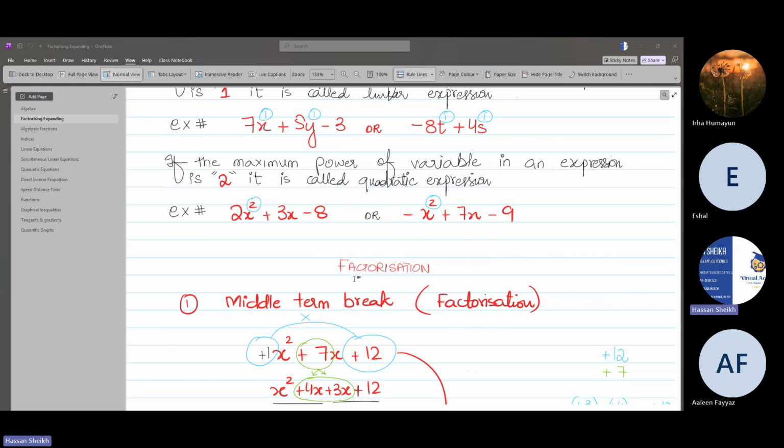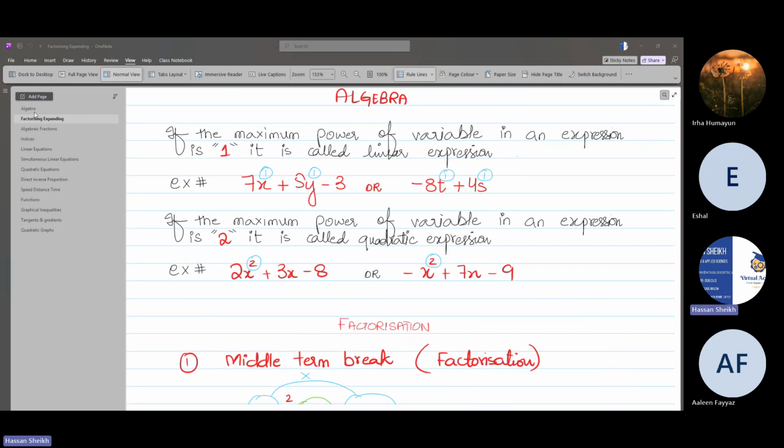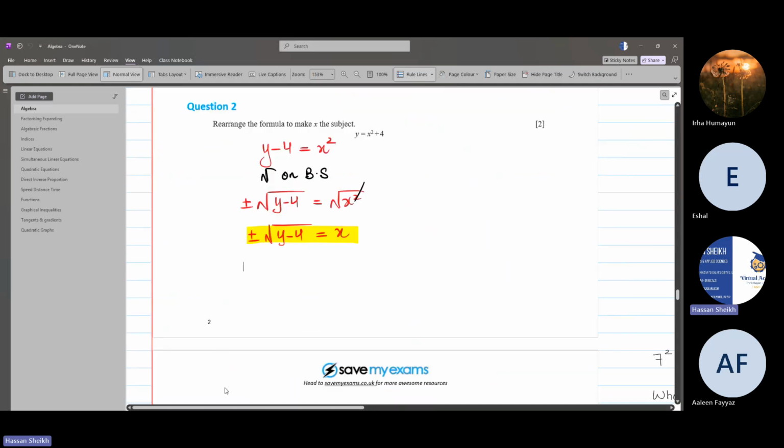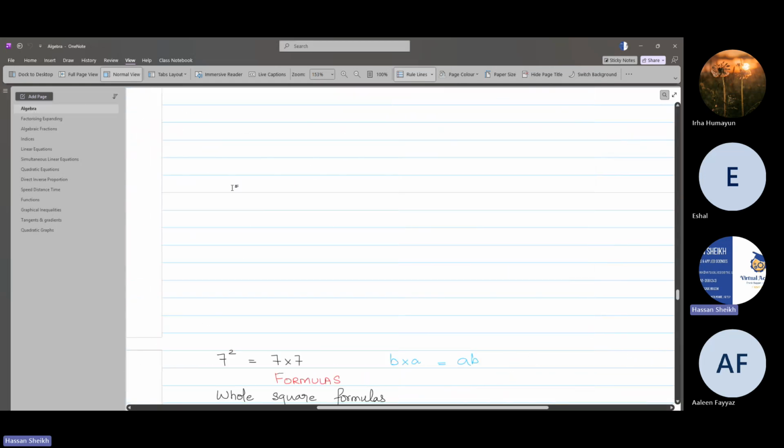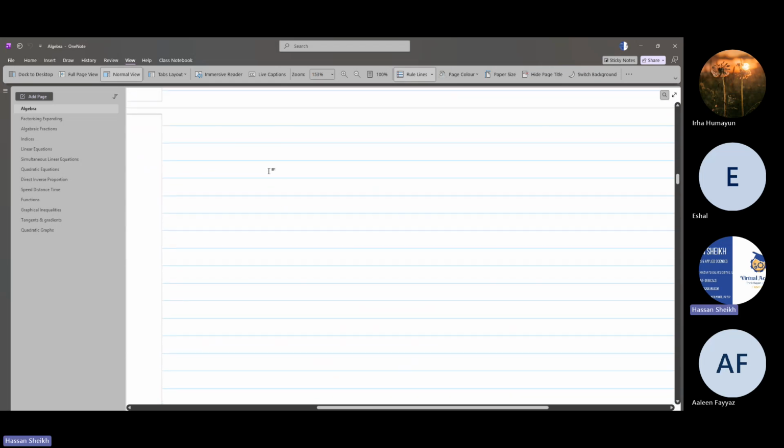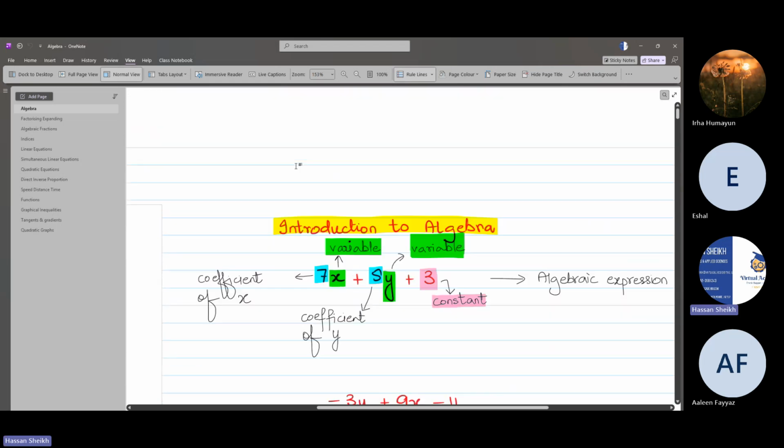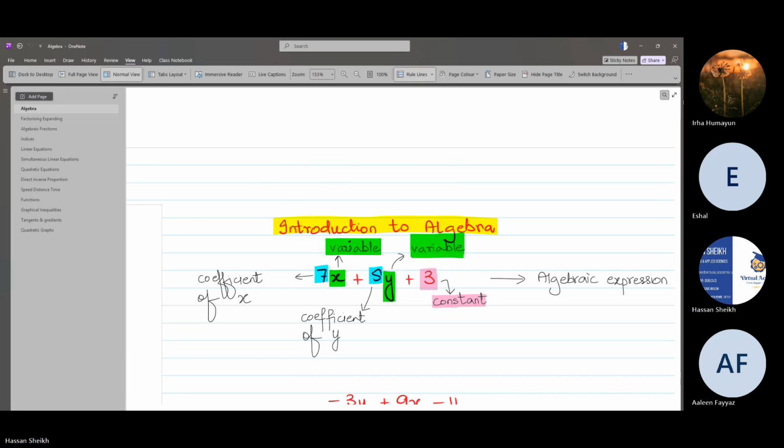And if the maximum power of the variable is 3, that will be a cubic equation or expression. Now, let's understand methods to solve quadratic equations and linear equations. If you go this way, believe me, it will be much easier for you to understand each and every method in a quicker way.